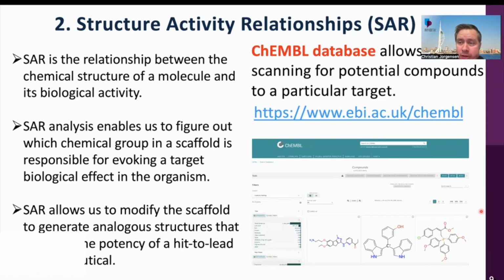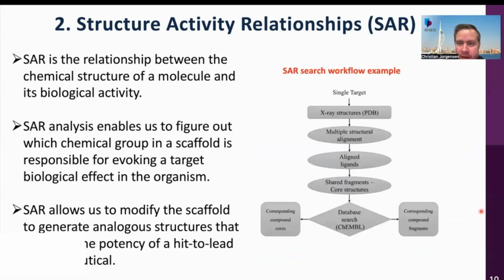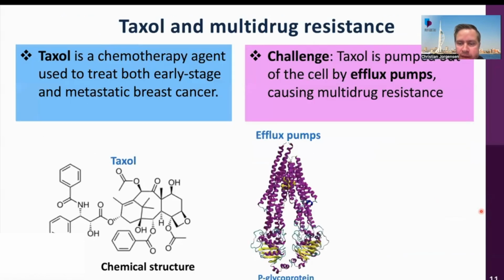Okay, now let's introduce the case study that we will use today. I'll come back to this in a second. So the case study today is the drug on the market called Taxol, and the effect of multi-drug resistance on the efficacy of Taxol.